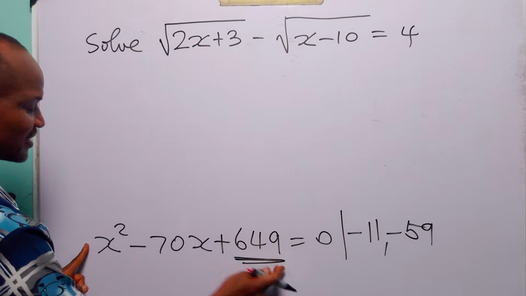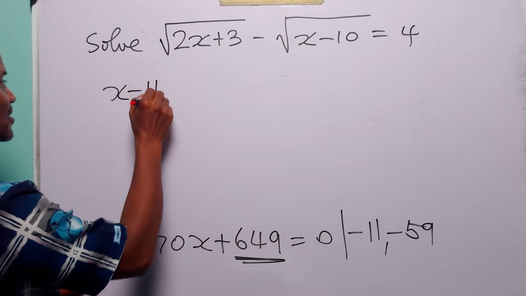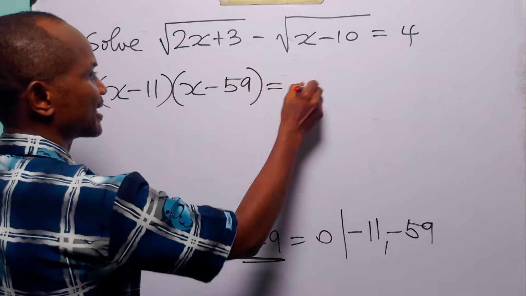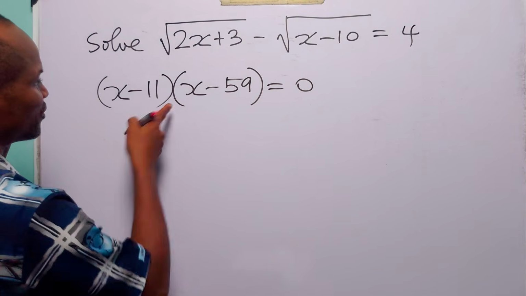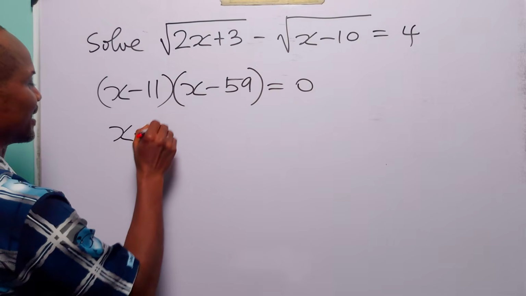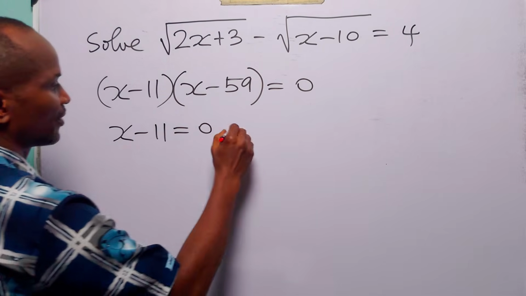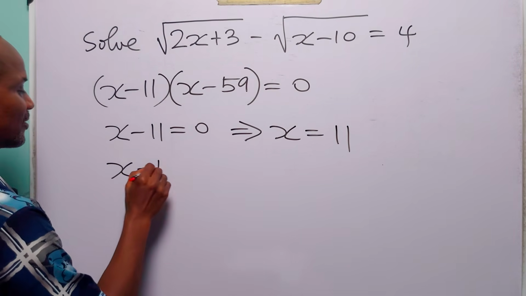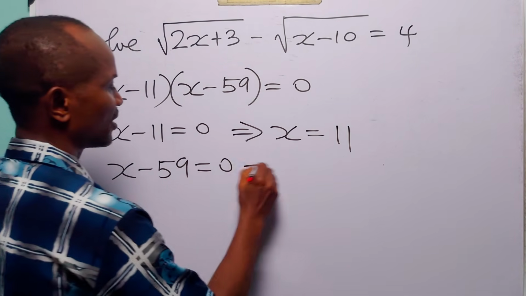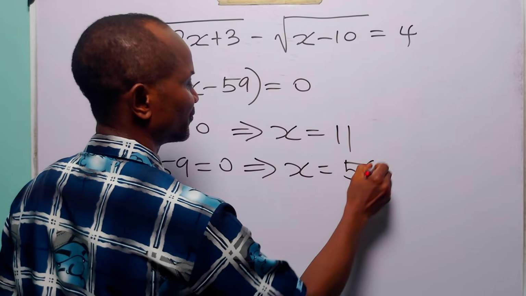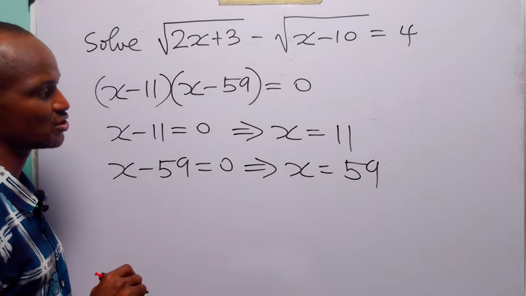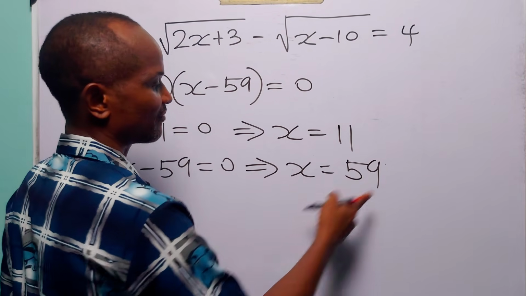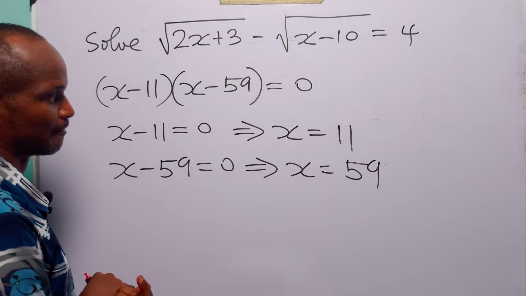So when we factorize the left-hand side, we have x minus 11 times x minus 59 is equal to 0. And of course, from here, we have that either x minus 11 is equal to 0, from where x is equal to 11, or x minus 59 is equal to 0, from where x is equal to 59. So we have that the two values of x that satisfy this radical equation are x equal to 11 and x equal to 59.